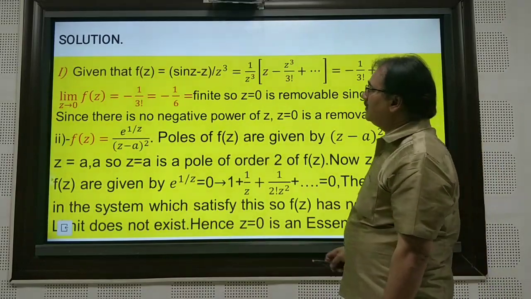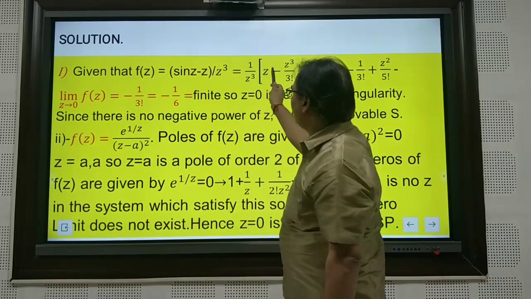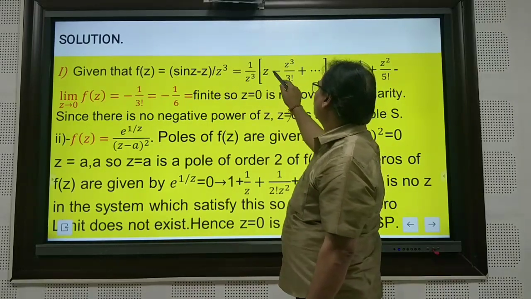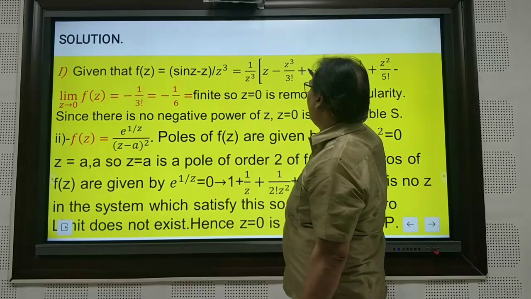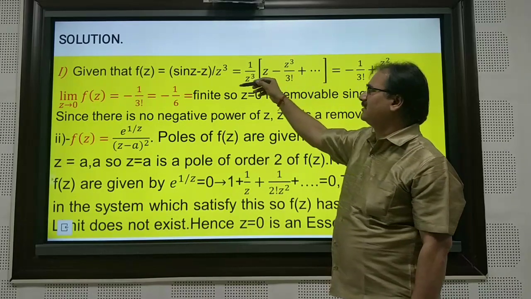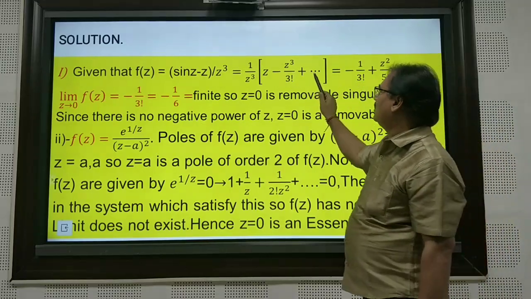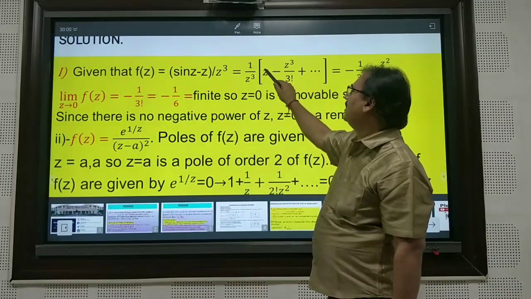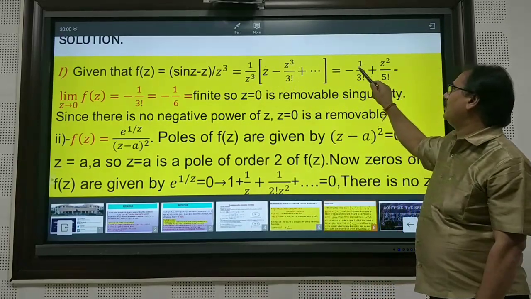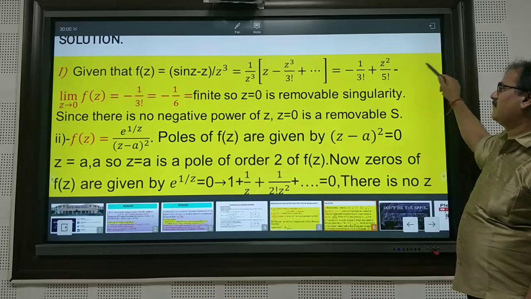Let us look. In the first problem, f(z) is (sin z minus z) divided by z cubed. We can rewrite the expression as 1 by z cubed times a bracket in which you expand sin z: z minus z cubed by factorial 3 and so on, minus z, which is left over. You must remember the minus z. After simplifying, z and minus z are deleted, then z cubed and z cubed cancel out, and you get minus 1 by factorial 3, plus z squared by factorial 5 and so on.